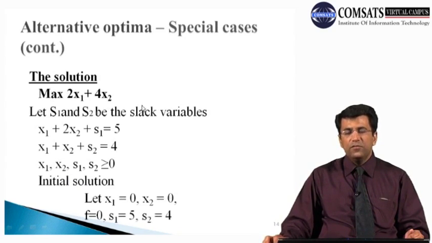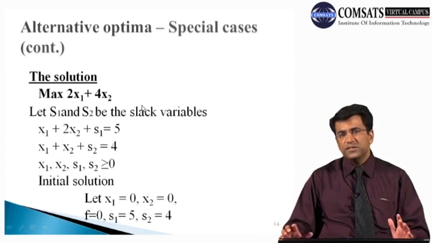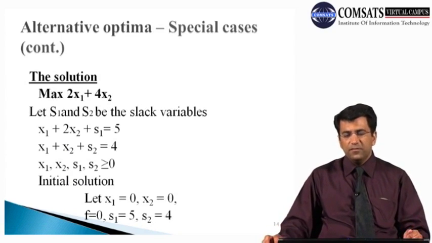Now again, if you want to solve this particular problem by using the simplex method, we'll have to use slack variables, that is x1 plus 2x2 plus s1 is equal to 5, x1 plus x2 plus s2 is equal to 4.